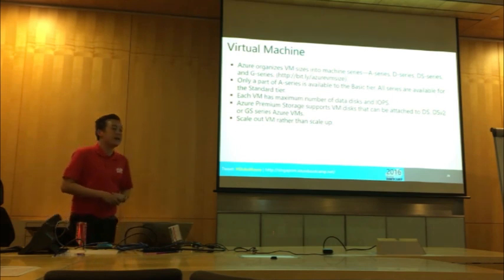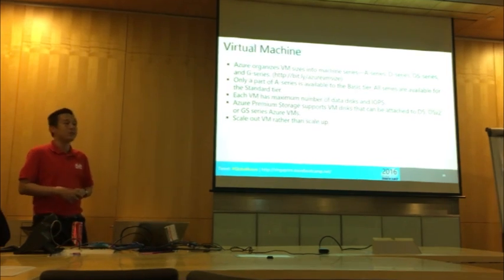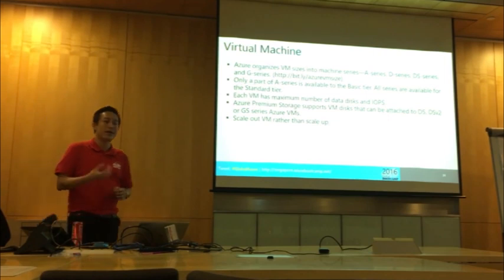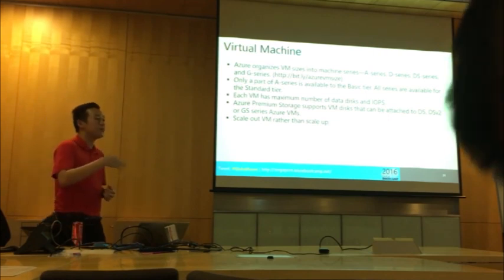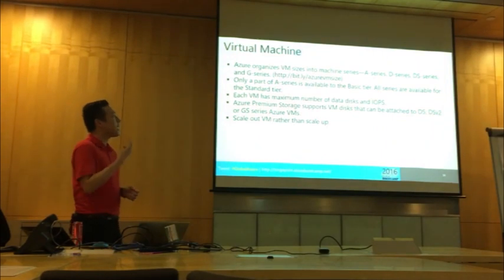The next thing is the VM. It's very similar to any cloud platform, Amazon AWS or Rackspace. Azure has a number of different VM sizes: the Series A, the Series D, DS series, and recently G series.